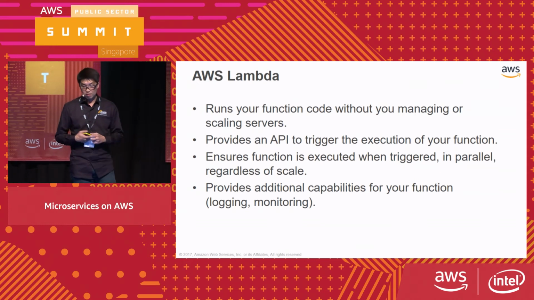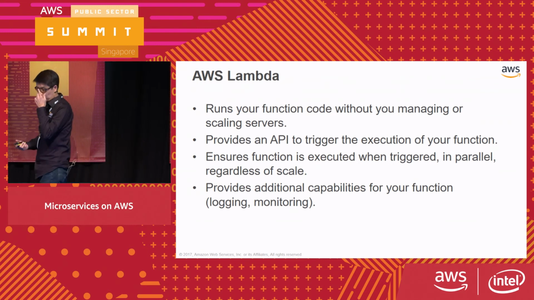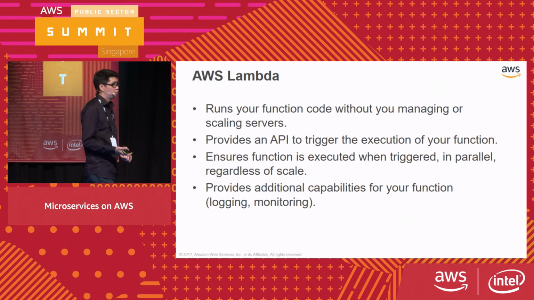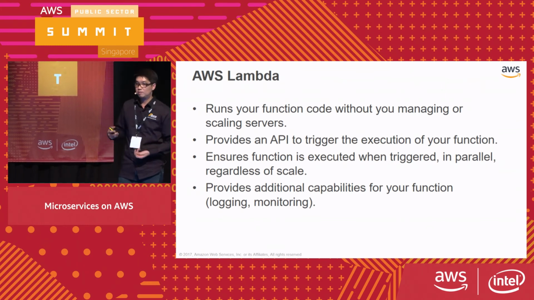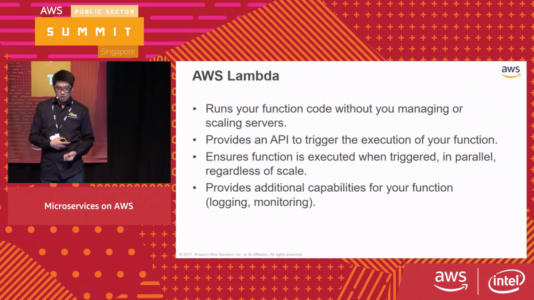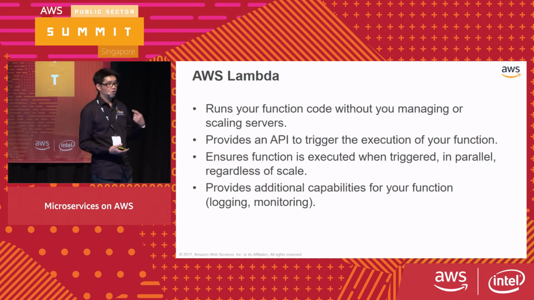Of course, the key thing is the AWS Lambda service itself. This is where the magic happens. You check in your code, and AWS Lambda will provision it into the AWS Lambda infrastructure. There's no server for you to manage. There's an API for you to trigger your function directly, should you need to.